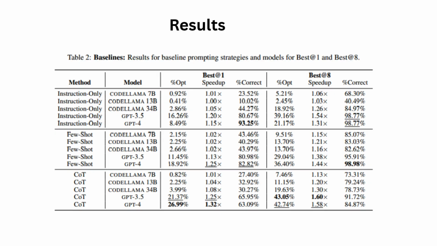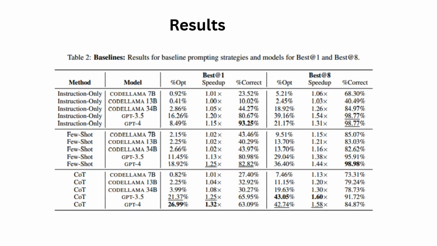For example, GPT 3.5 achieves a 39.16% optimization rate with instruction-only prompting, but only 29.04% with standard few-shot prompting under best at 8. This observation aligns with previous research according to which fixed examples can sometimes bias the model toward a limited set of optimization strategies, preventing it from discovering better solutions for new programs.